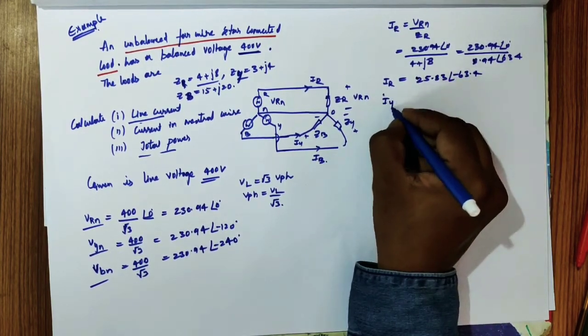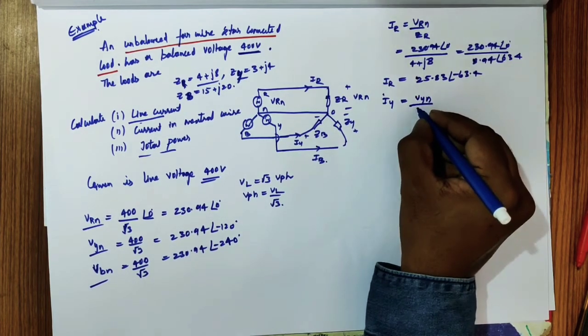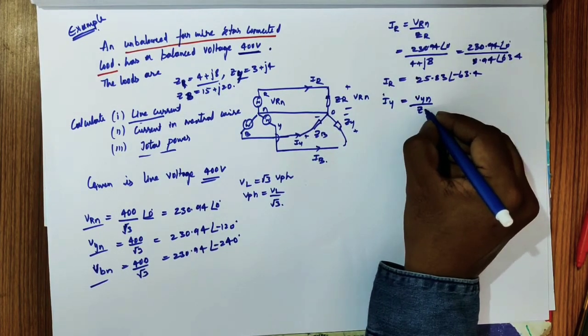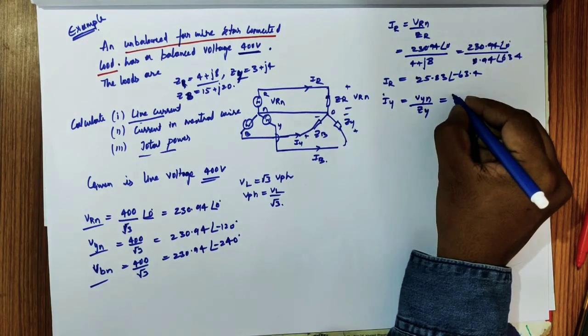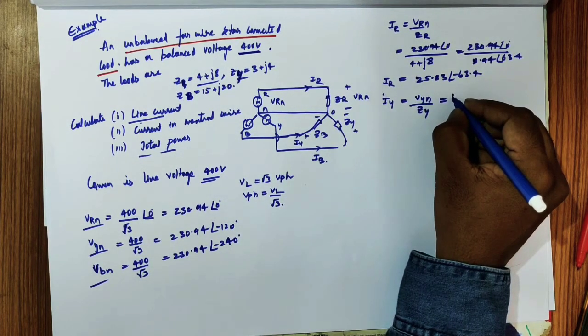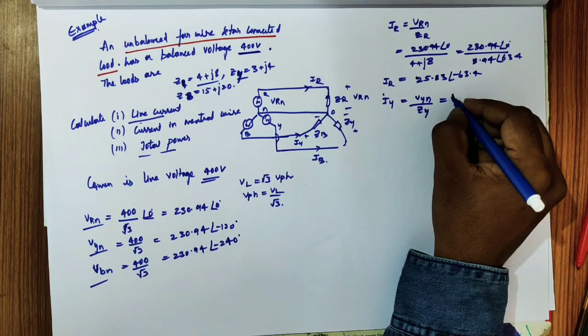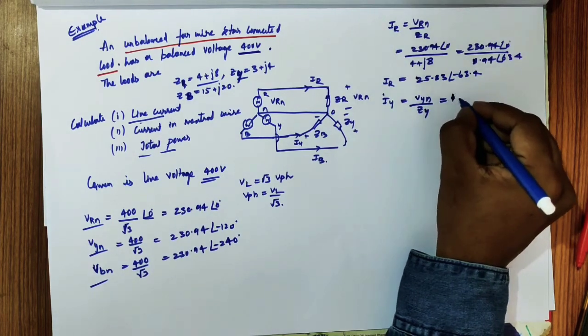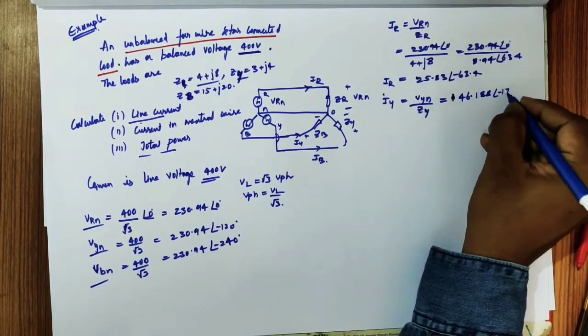Okay, and IY equal to VYN by ZY. So you obtain a value of 46.188 at an angle of minus 173.